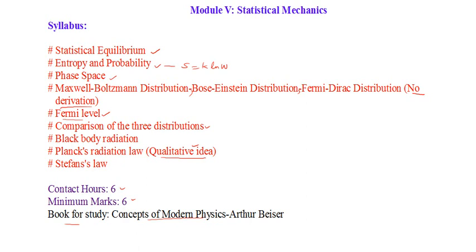Only one chapter out of that, not the entire book. So you can just see the particular chapter in Modern Physics by Arthur Beiser. That will give you a very basic understanding of statistical mechanics and its applications.